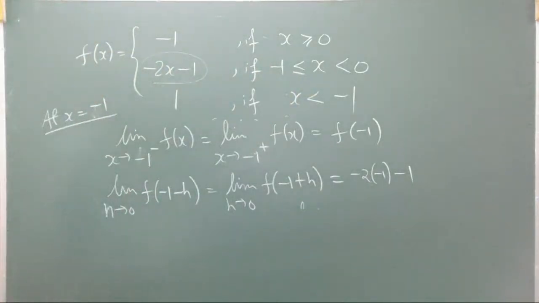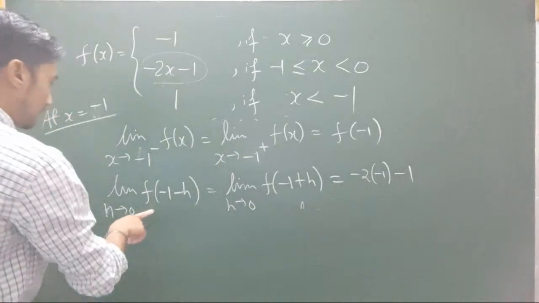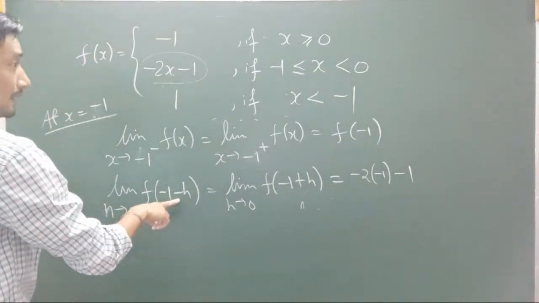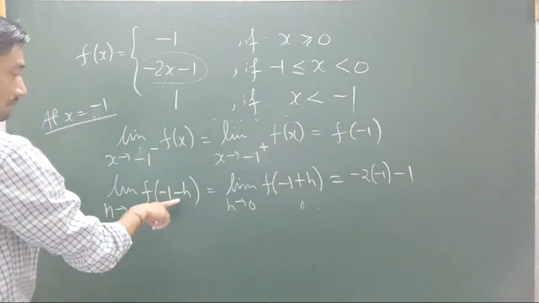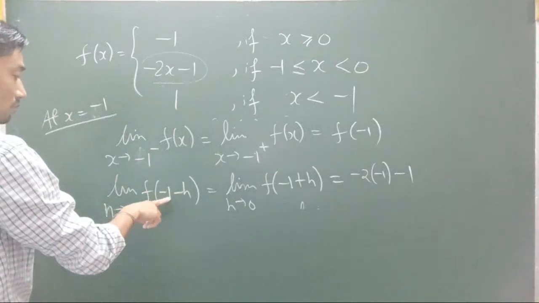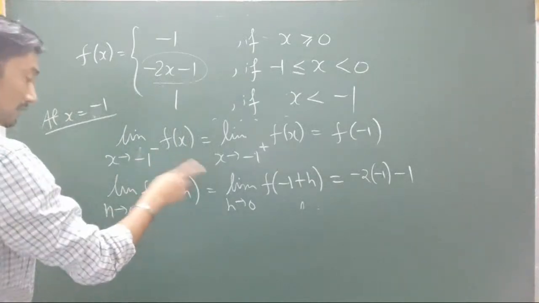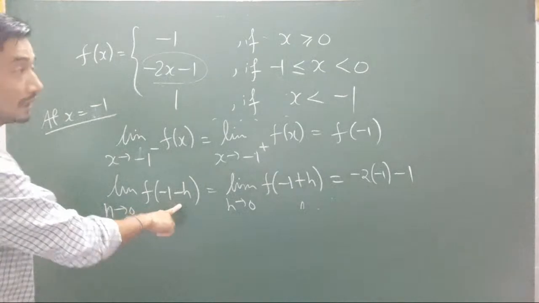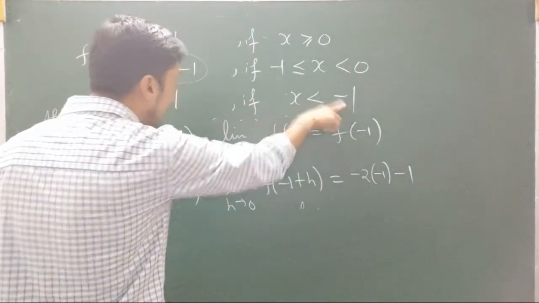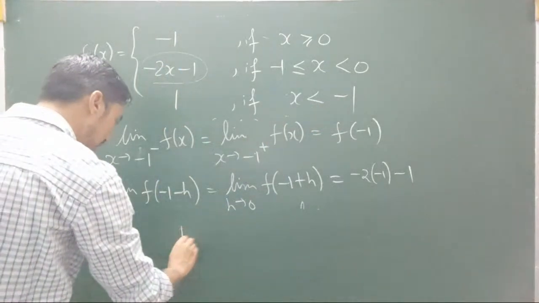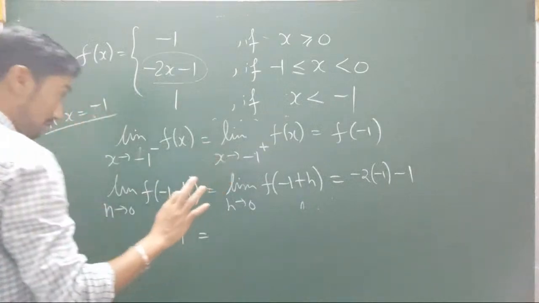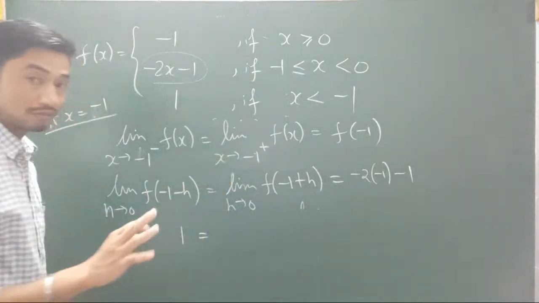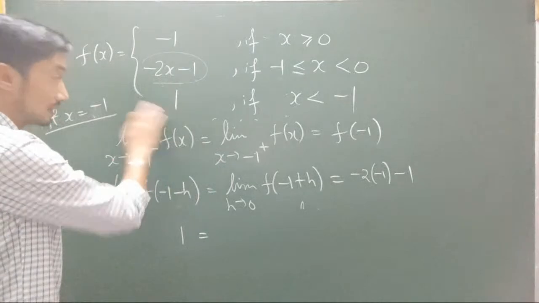Now, you have to know how to read the functions carefully. Now, this one is slightly less than minus 1. You remember that, no? Slightly less, because minus 1 minus h. So this is definitely going to be less than minus 1. Now for less than minus 1, you have to keep your senses open. Otherwise you will be just wasting time doing nothing when the answer is already here.